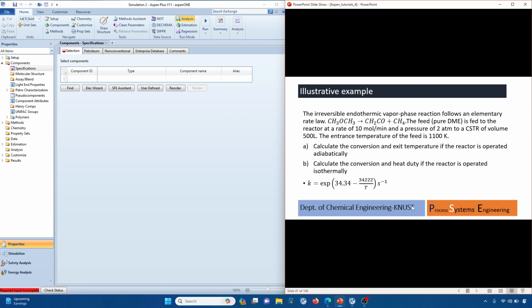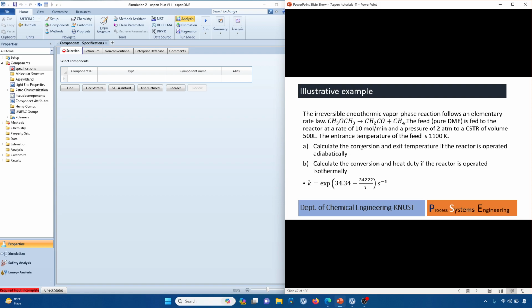Here we have an irreversible endothermic vapor phase reaction following an elementary rate law. And elementary rate laws are a consistent form where the rate of the reaction equals the rate constant times the concentration of the reactants raised to an exponent which equals the stoichiometric coefficient of that reactant. So elementary rate laws are almost always power law models.